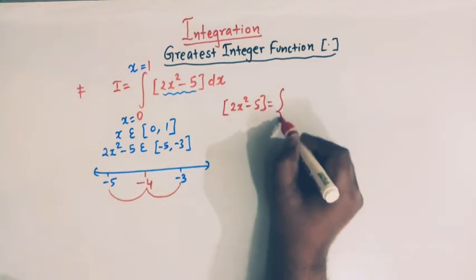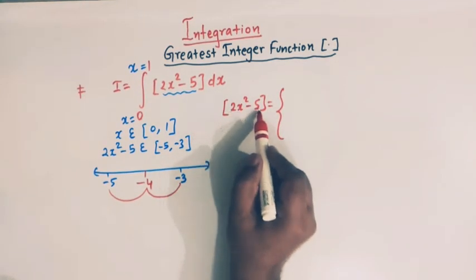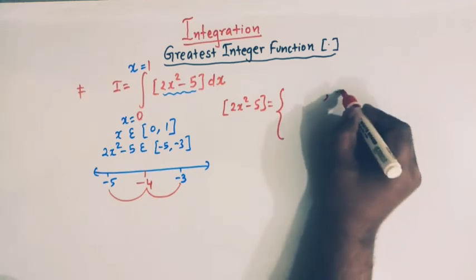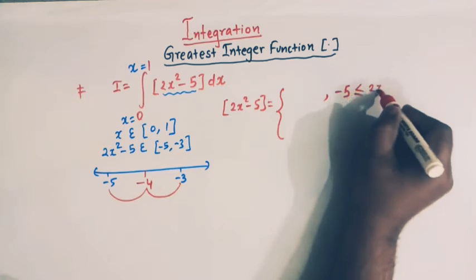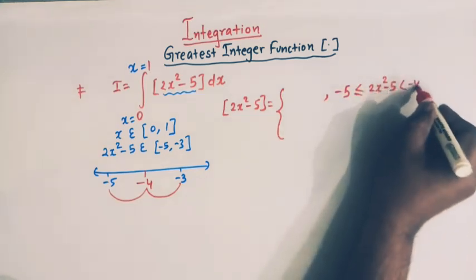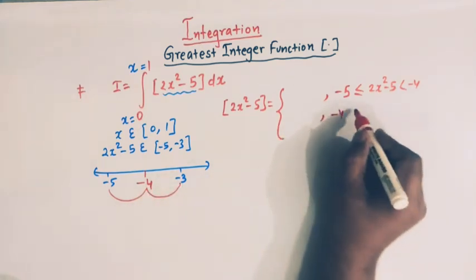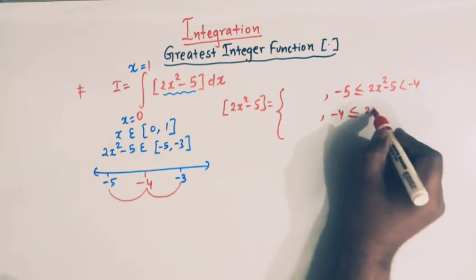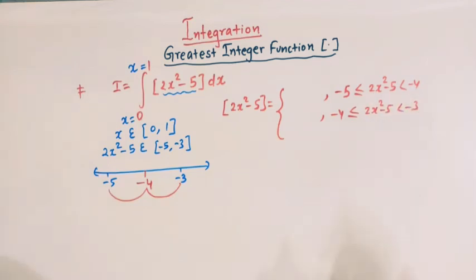So we write the greatest integer function of 2x square minus 5 as a piecewise function in the intervals minus 5 less than or equal to 2x square minus 5 less than minus 4, and minus 4 less than or equal to 2x square minus 5 less than minus 3.